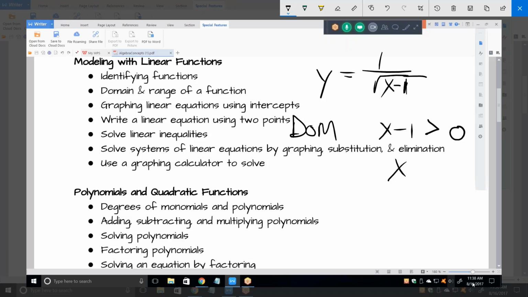What do you get for the domain? X is greater than 1. It could be 2, 3, 4, 1.5, 1.1, but it cannot be 1. If x is equal to 1, then I'm going to be dividing by 0.